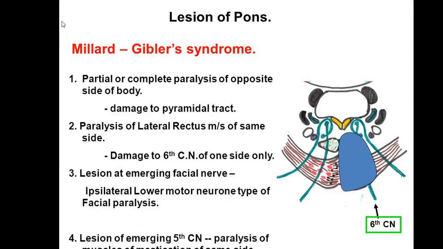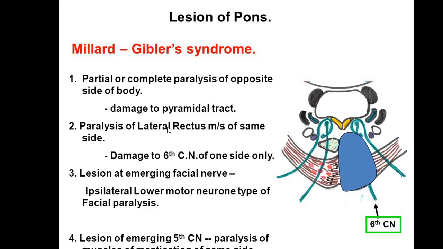Here you can see the Millard-Gubler syndrome. This diagram is showing a partial or incomplete paralysis of the opposite side of the body due to the damage of the pyramidal tract.